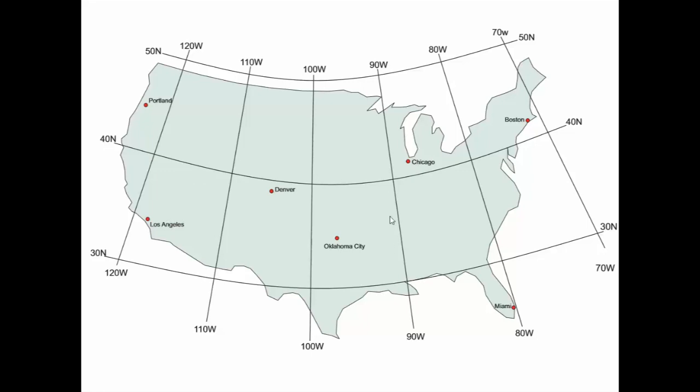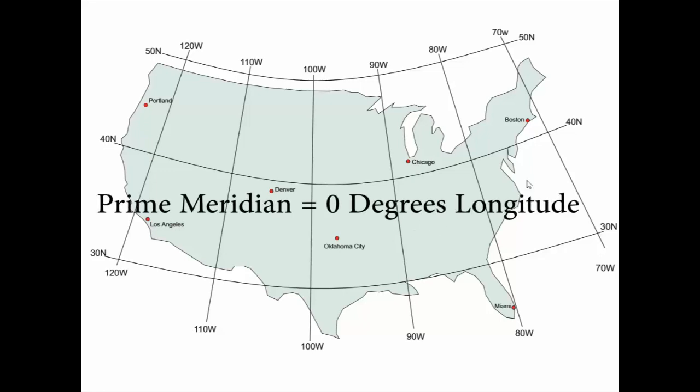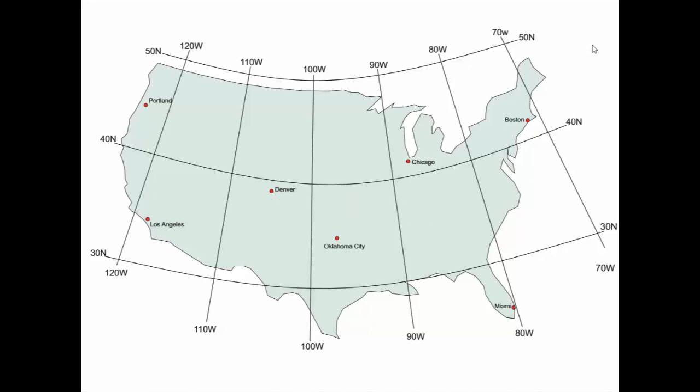They go up and down, but what they're actually measuring is how far away from the prime meridian you are. Remember, the prime meridian is in England, across the Atlantic Ocean. So the further west you travel, the larger the number is going to get. If the prime meridian starts at 0, then you go 70, 80, 90, because you're getting further away from England.